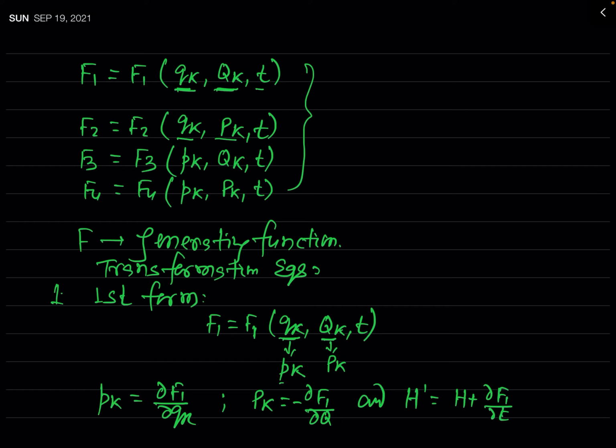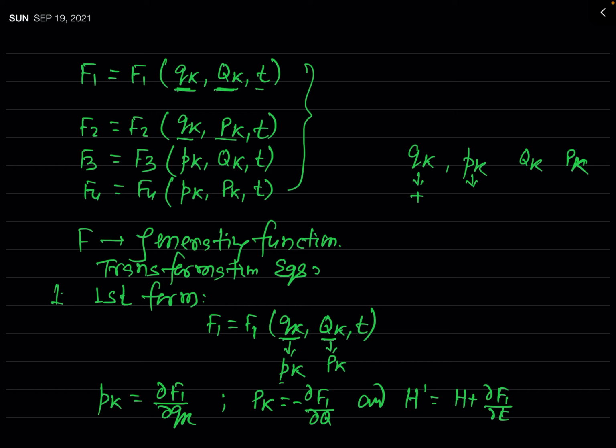One thing to remember here is the sign. If you write small qk, small pk, again capital Qk and capital Pk, remember one thing: if you differentiate with respect to small qk, then you should take plus sign.